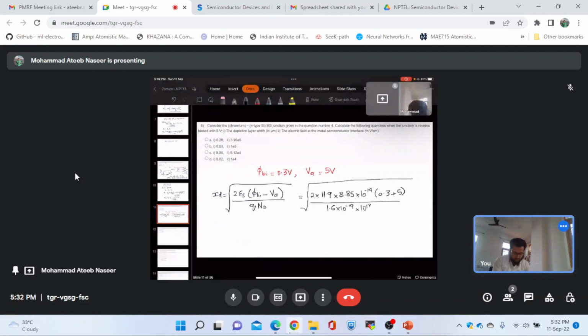Now let me solve this problem on my calculator. 2 into 11.9, 8.85 into 5.3 divided by 6.